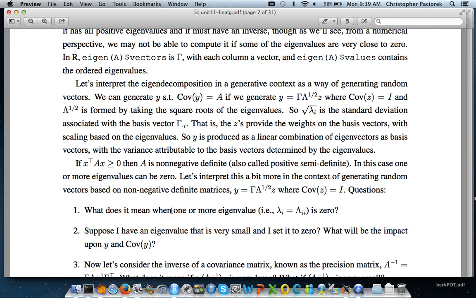Hopefully the answer is no. So if one of these eigenvalues is already small, then when I think about the variation in y, whichever eigenvector corresponds to the eigenvalue that was near 0, well, that was adding a relatively small proportion of the variation when I generated the y to start with.